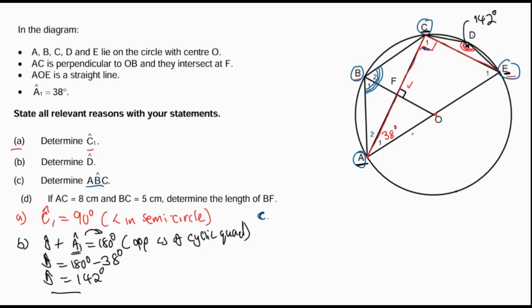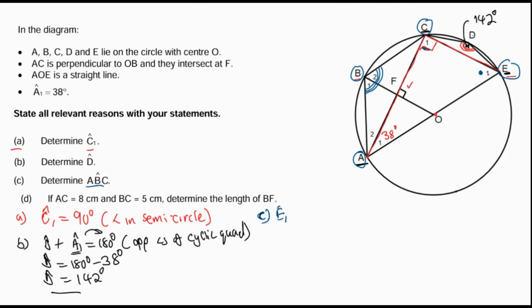They are forming what? A cyclic quad, meaning that angle E1 and angle ABC are supplementary because they are opposite angles of a cyclic quad. So we can start by finding angle E1. Then after finding angle E1, we can find angle B. Okay, let's start by finding angle E1.